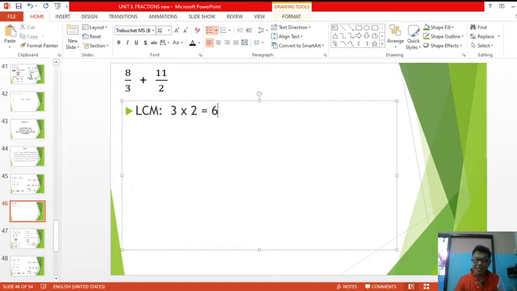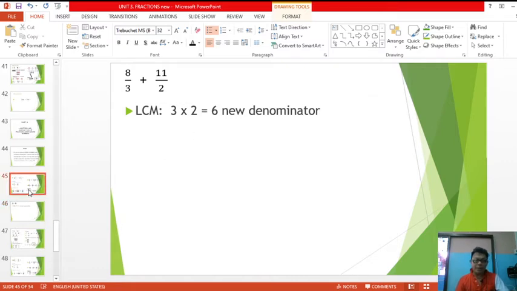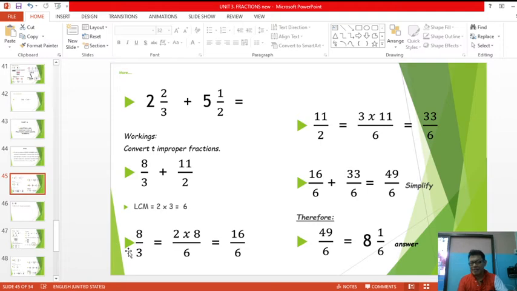And what does this 6 do for these fractions? This 6 will become your new denominator for both fractions. Okay, let's go back. You already know how we ended up with 6. Since you already have 6, let's deal with one fraction at a time.